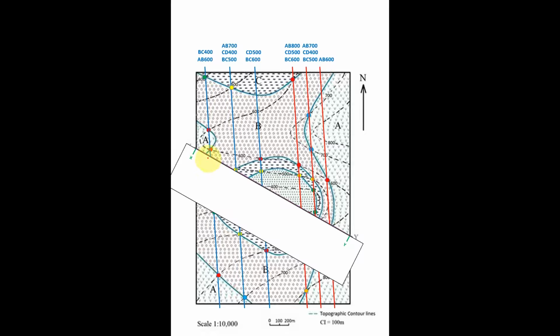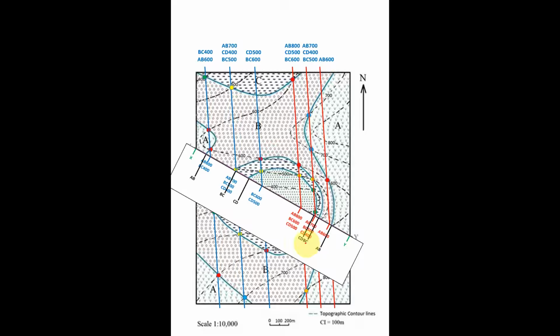After that, you need to mark the strike lines, and name exactly what those strike lines are named. After that, we mark the bedding junctions. So we have junction AB, junction BC, junction CD, junction CD here, junction BC, and junction AB.